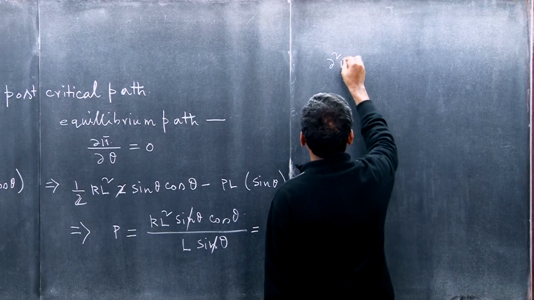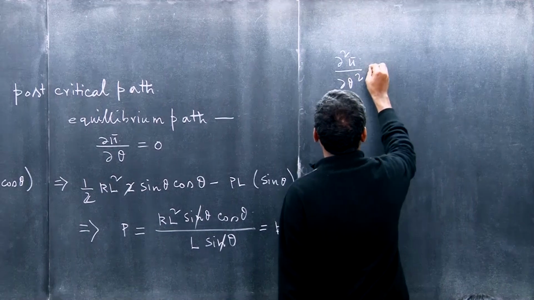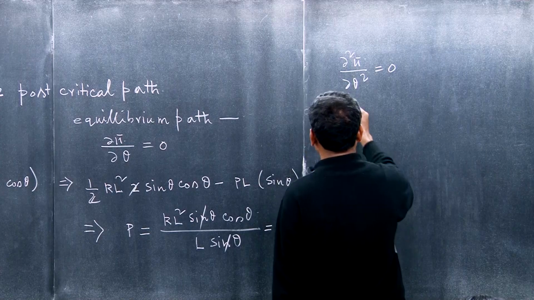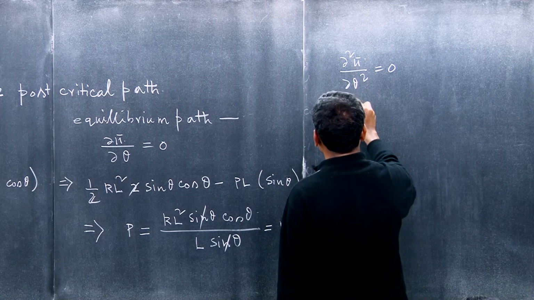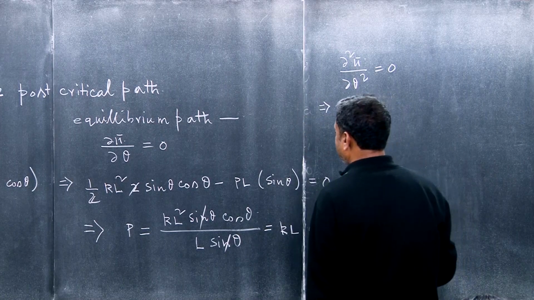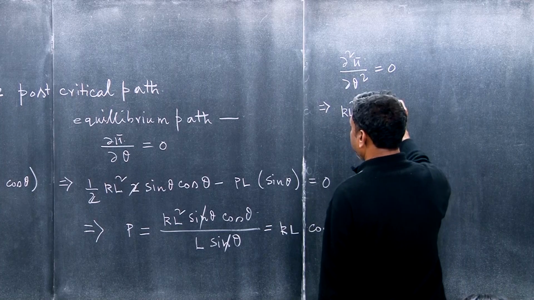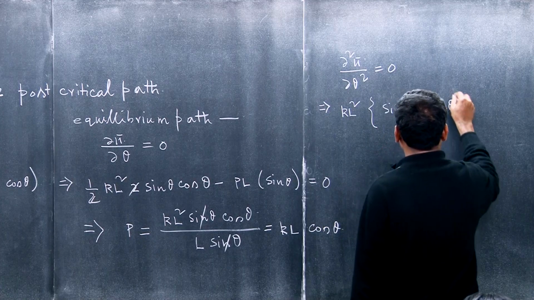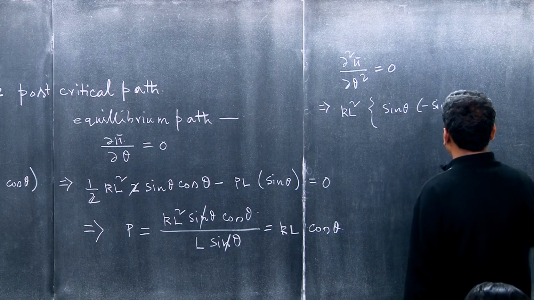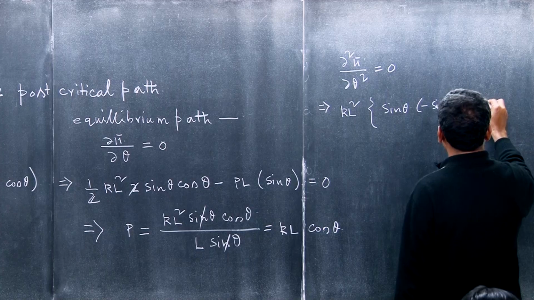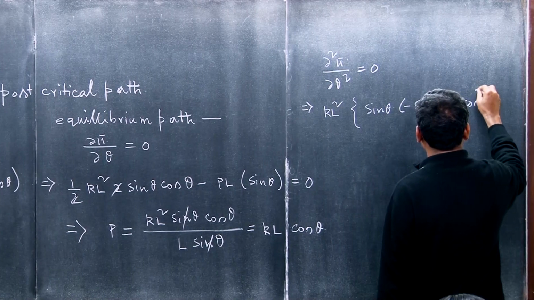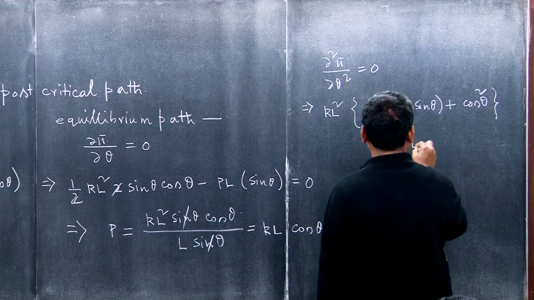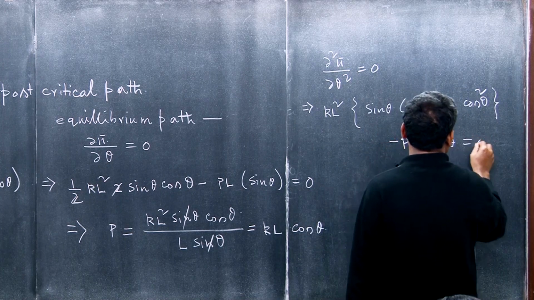For that, del 2 pi del theta 2 is equal to 0. So, del 2 pi del theta 2, we further differentiate, what we are going to get is K L square sin theta into minus sin theta, right, plus cos theta into cos theta, means cos square theta, right, minus P L cos theta is equal to 0, right.